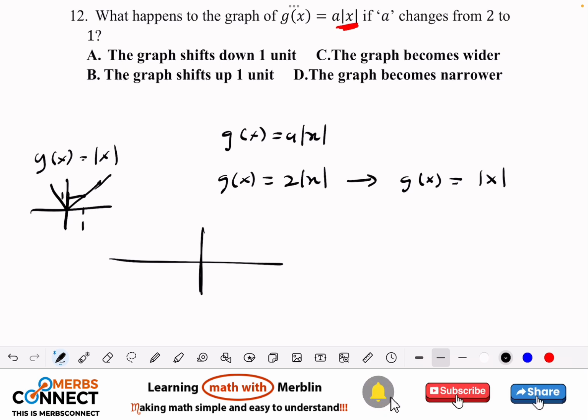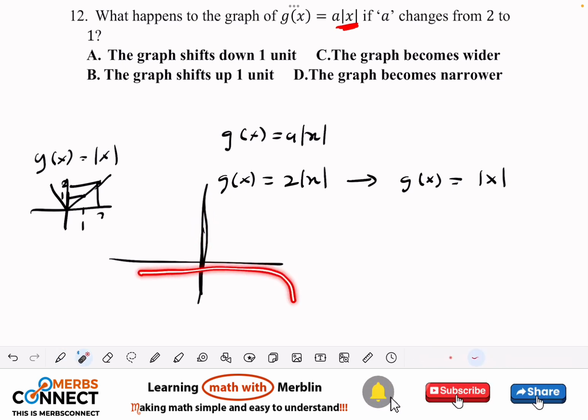When x is 2, y will be 2, in that order, right? But when this is equal to 2, what happens? It's going to make it wider, because now when x is 1, y will be 2, right? So the graph is going to be something like this.